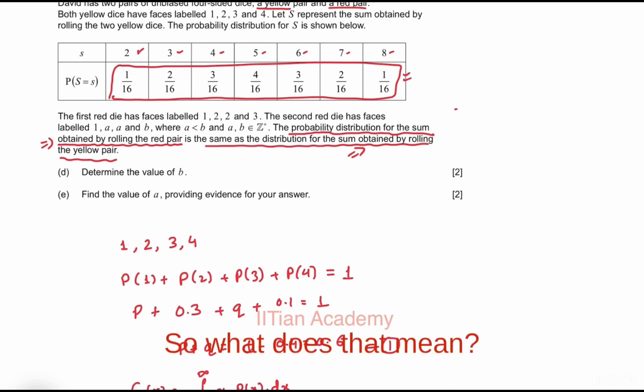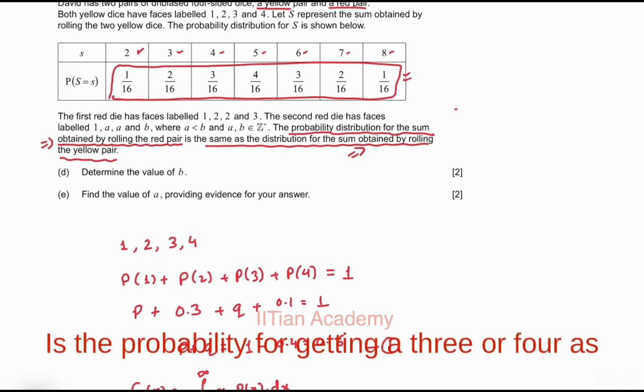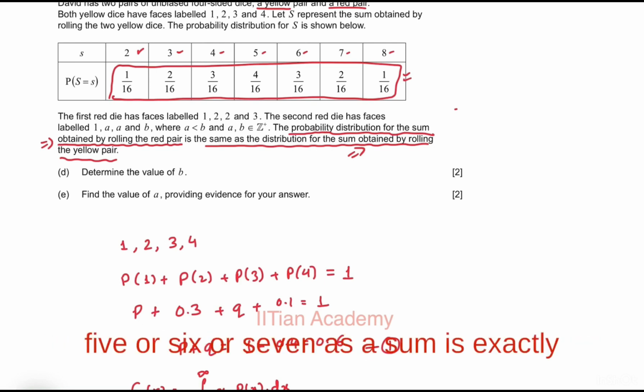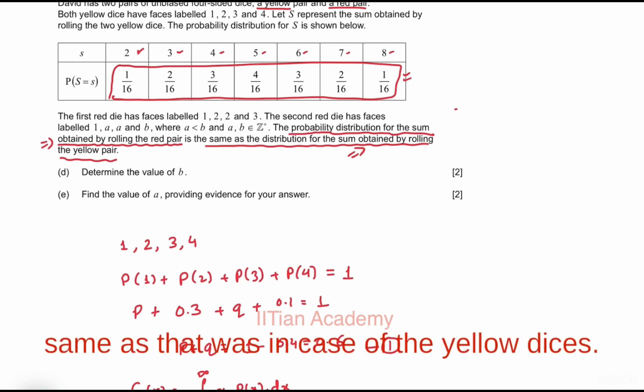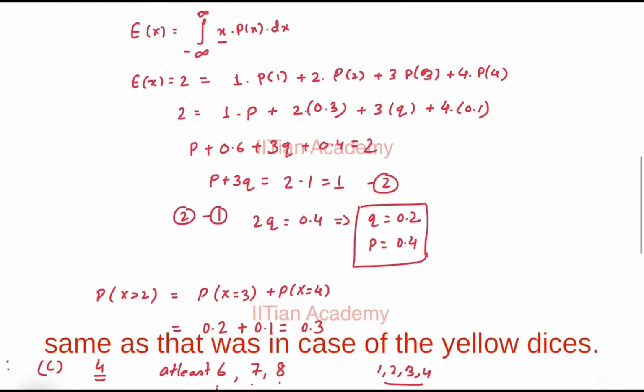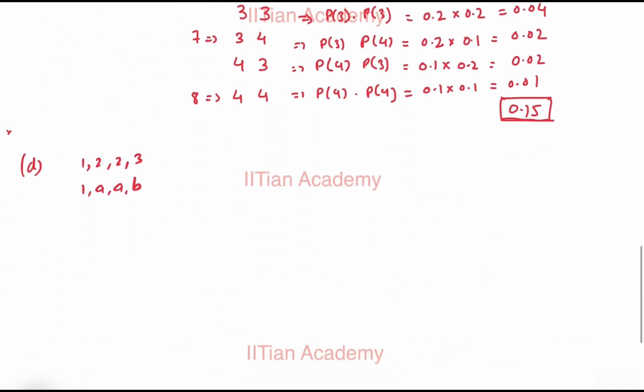So what that means is the probability for getting a 3 or 4 or 5 or 6 or 7 as a sum is exactly the same as that in case of the yellow dice.